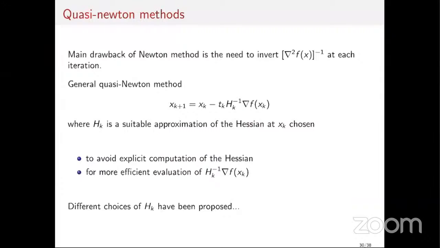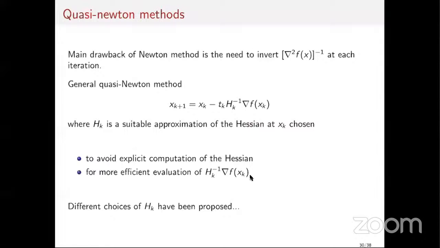Typically, quasi-Newton methods are implemented with an efficient update rule for this approximation HK, for both HK and HK inverse. These updates are typically less expensive than a Newton method, costing only n squared floating point operations instead of n cubed.